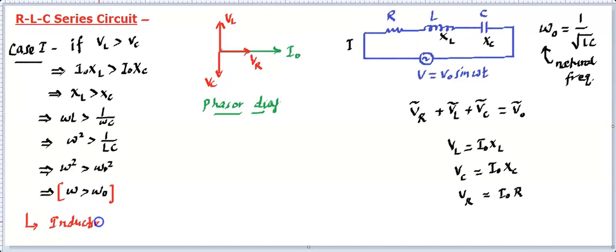So from here we can remember what has to happen for an inductive circuit. For an inductive circuit, the frequency of the external source must be more than the natural frequency. If the external source frequency is more than the natural frequency, then this circuit is going to be inductive in nature. That means the inductor will be stronger as compared to the capacitor.